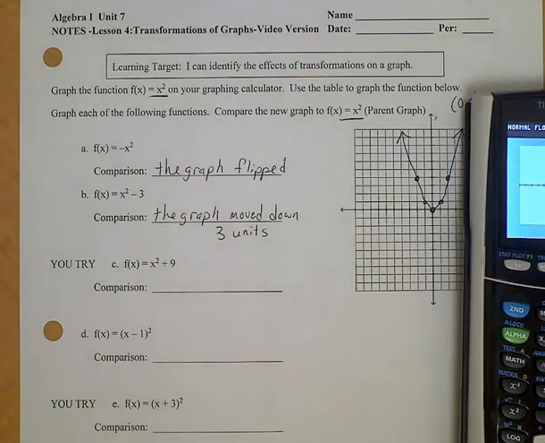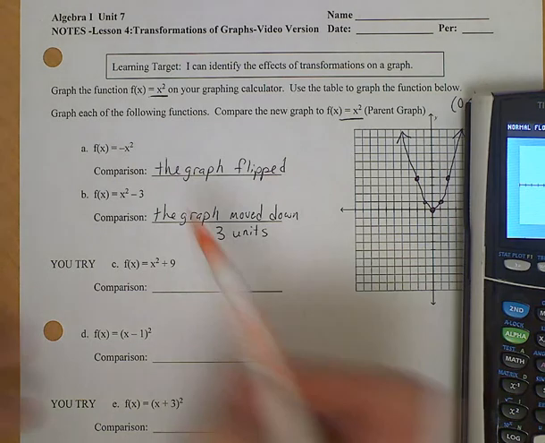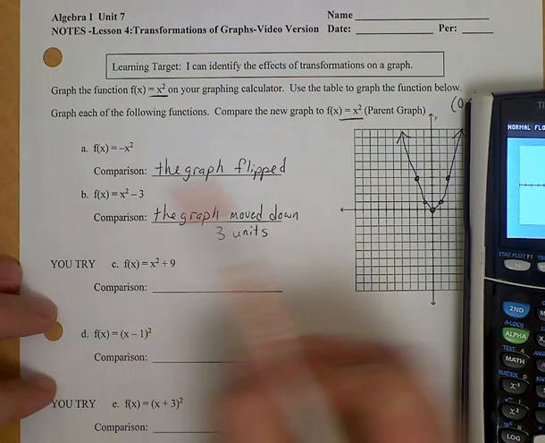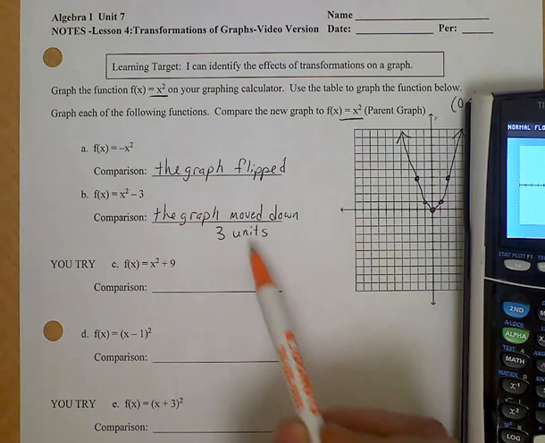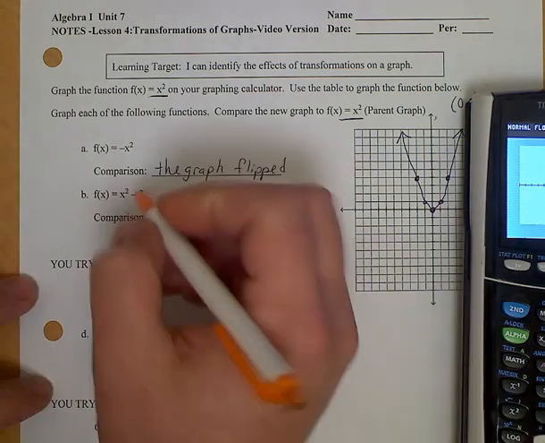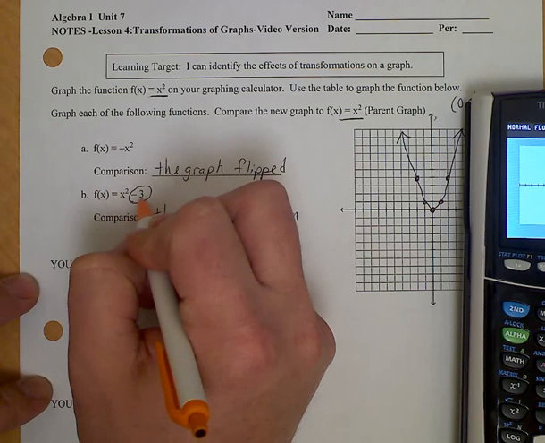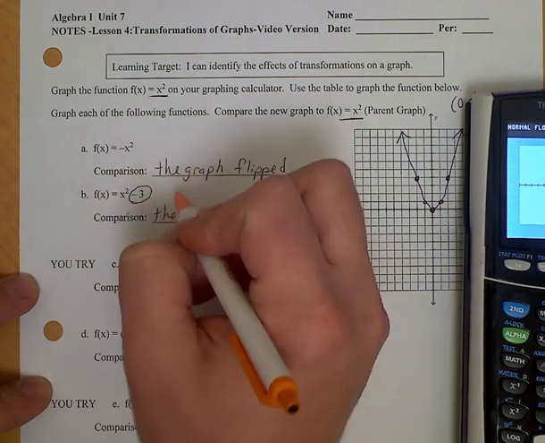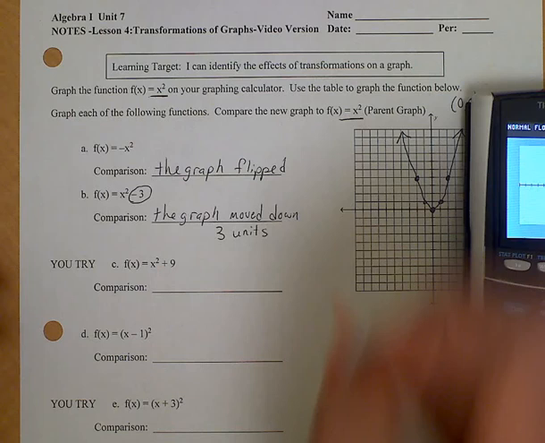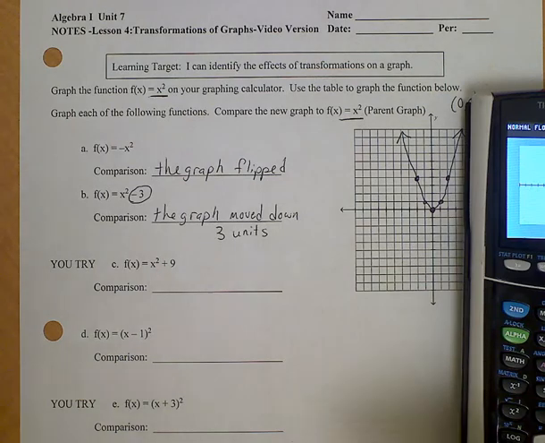I want to explain what this does to my parent function, which was x squared. So if I have a negative on the outside, x squared minus 3, that's going to shift my graph down 3 units. You go ahead and try number 2.